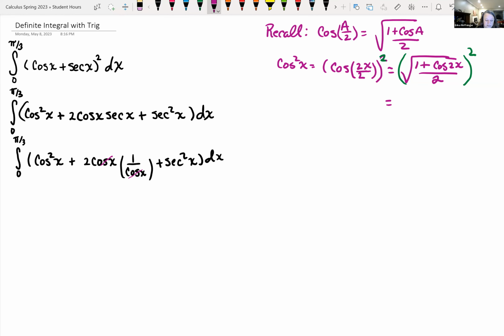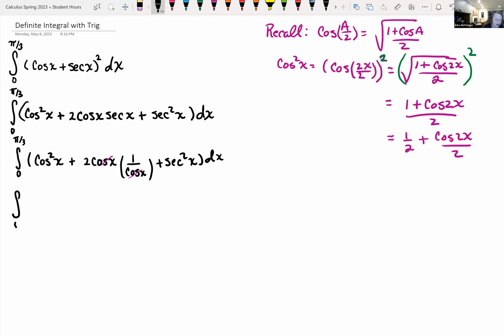And so this will give us back 1 plus cosine 2x all over 2. To manipulate this to help us take the antiderivative, let's rewrite this as 2 separate fractions: 1/2 plus cosine 2x all over 2.